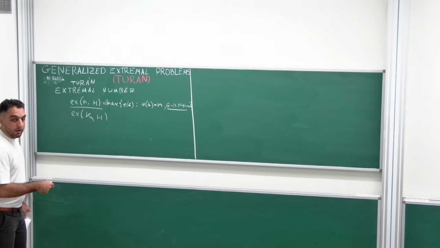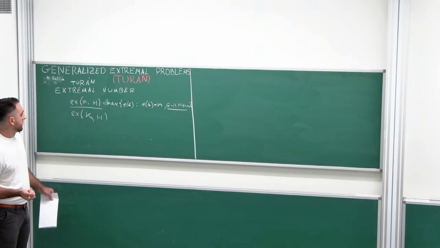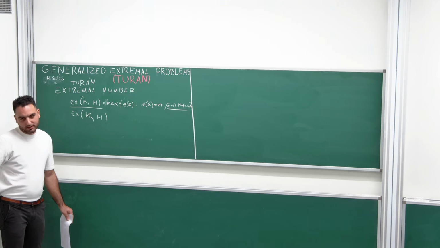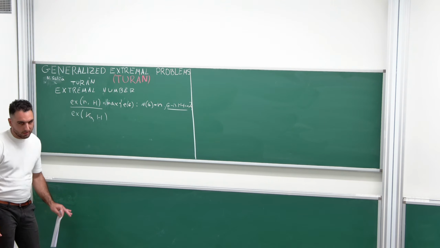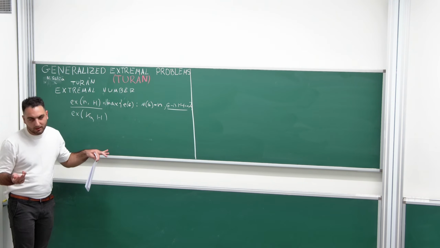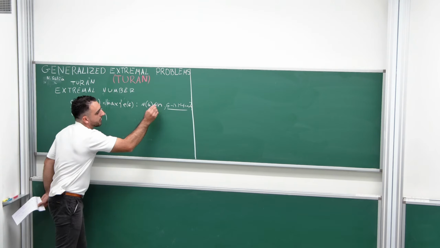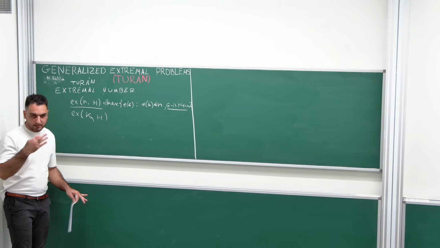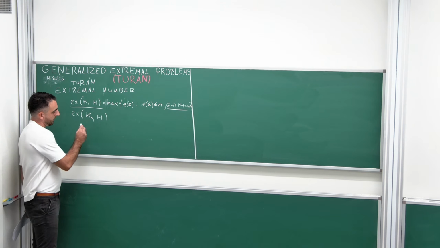Or should it be a spanning subgraph? Not necessarily. I mean, you can take isolated vertices. Yes, that's a good question, maybe I can change this here. I'm just hypothetically thinking about this.